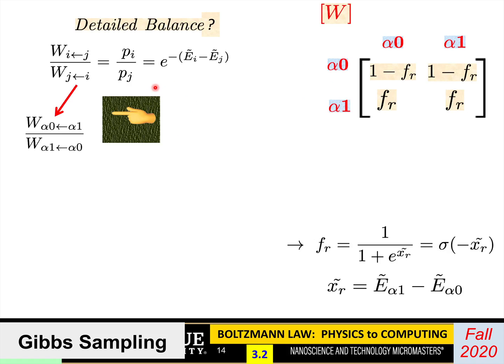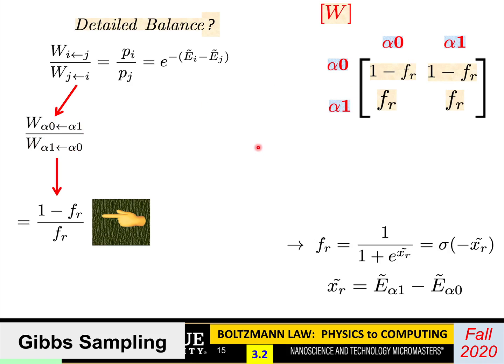Well, we can check. Our j and i are basically the alpha 1 state and the alpha 0 state. So the question is, what is the ratio of the rate from alpha 1 to alpha 0 as opposed to alpha 0 to alpha 1? And you'll notice what we have written down is 1 minus f_r for the numerator and f_r for the denominator, as you can see from your matrix.